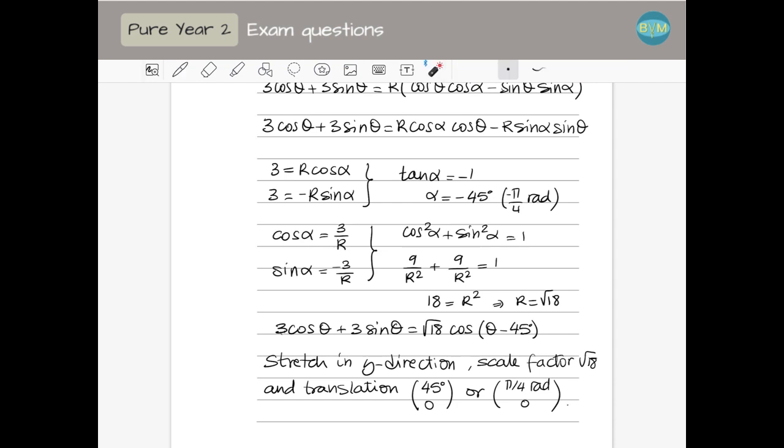So this is the sequence of transformations. That's what they ask. So it's a stretch in the y direction, scale factor root 18, and a translation 45 degrees to the right.